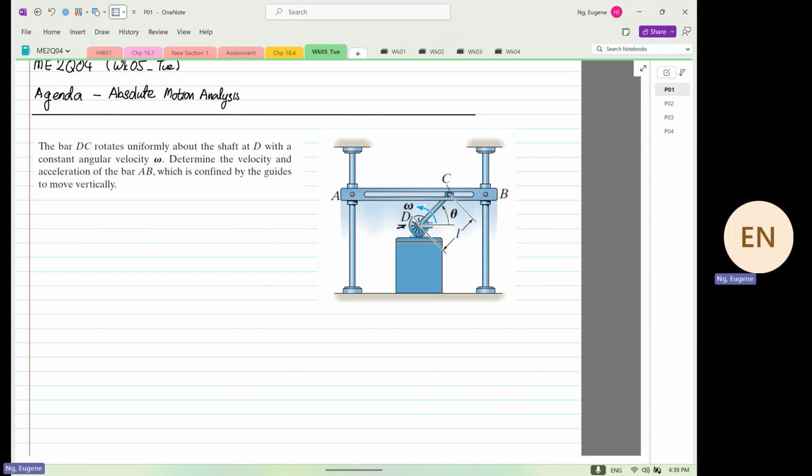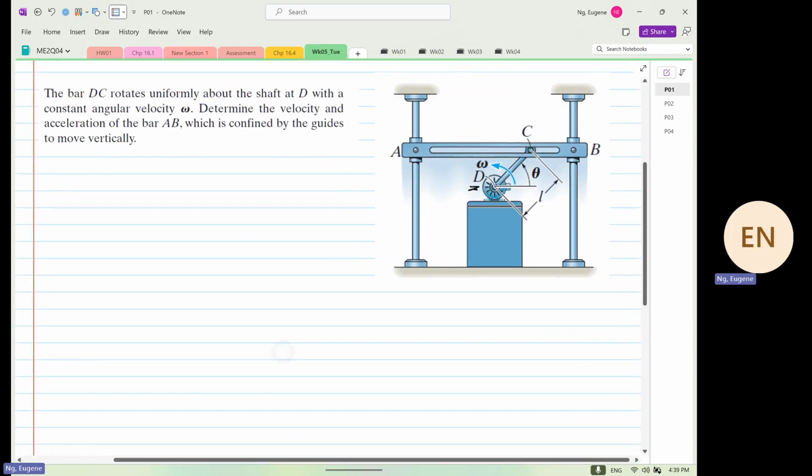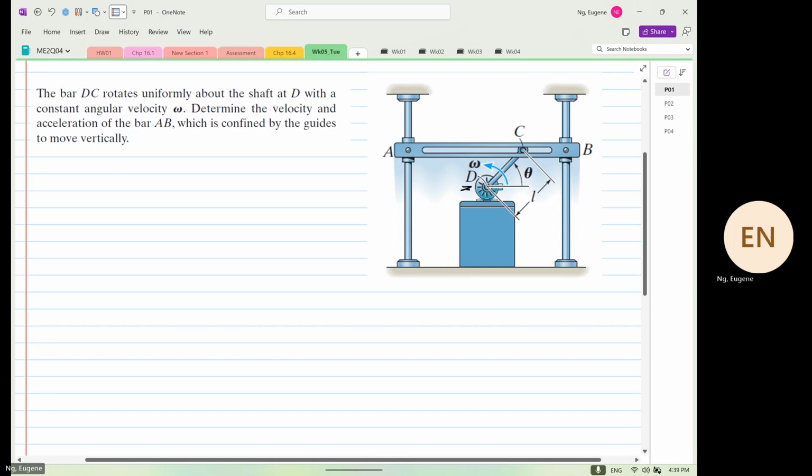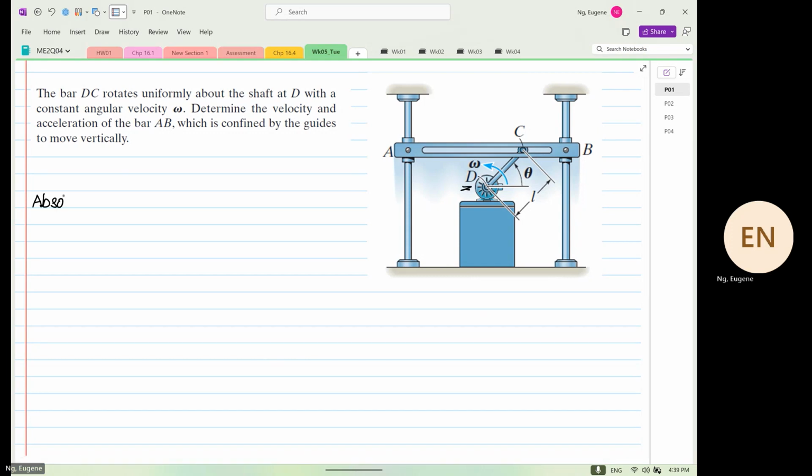Determine the velocity and acceleration of the bar AB, which is confined by the guides to move vertically. So this guide will get the system to move vertically. This is what we call an absolute motion analysis.